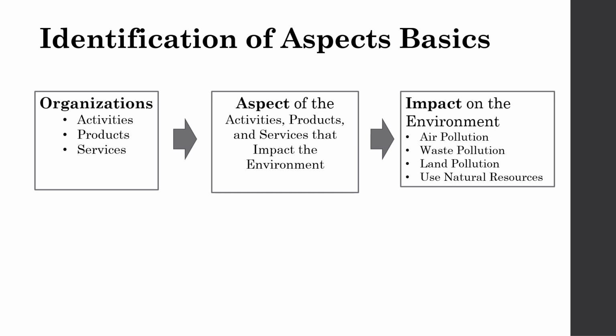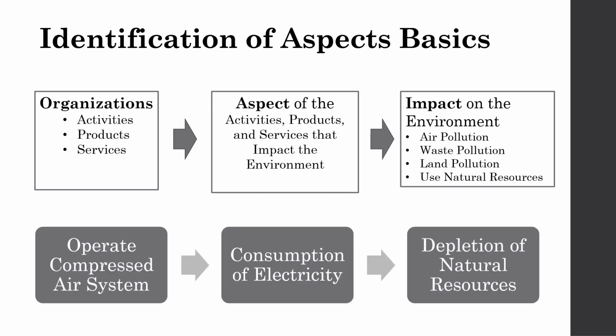Is it air pollution, waste, or land pollution, or the consumption of natural resources? So a good example here would be we operate a compressed air system. One aspect of that would be the consumption of electricity. It consumes a lot of electricity. And then that impact would be the depletion of natural resources.